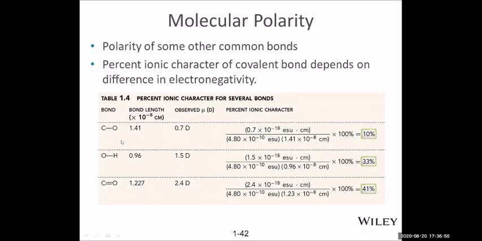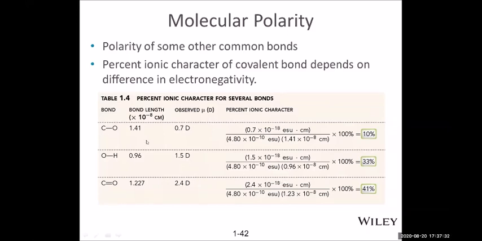And so you can see these are the three typical bonds in organic chemistry: the carbon oxygen single bond, the OH single bond, and the CO double bond. For these three bonds we can measure the dipole moment, and the bond length can also be measured. Then with the dipole moment and the bond length, we can calculate the charge, and based on the charge, we can calculate what percent is ionic character.